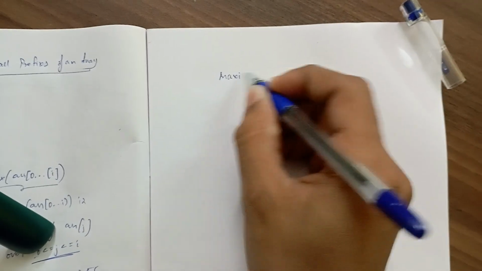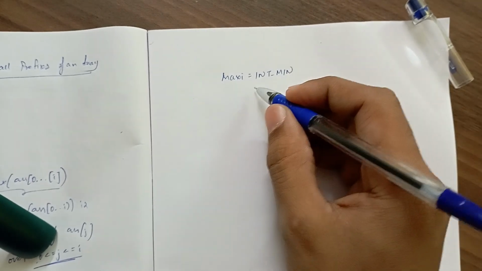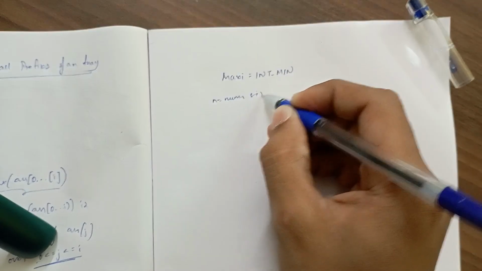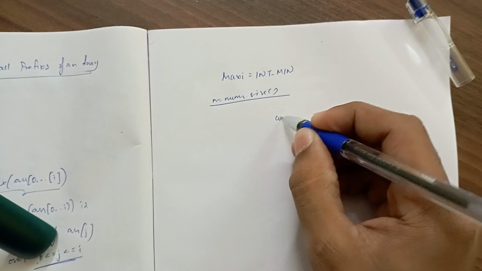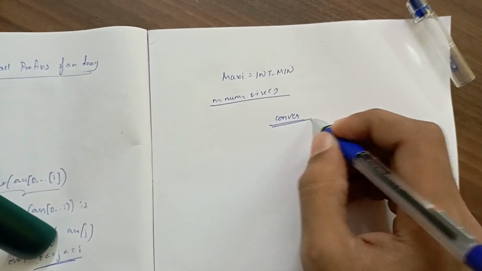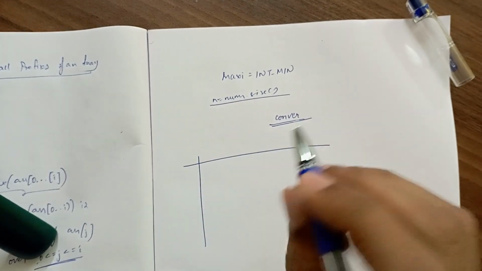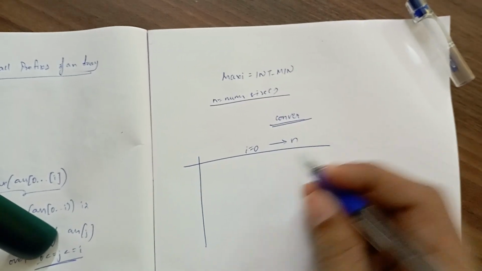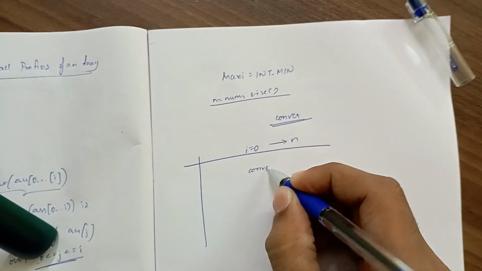initialize maxi, I am initializing it as integer minimum element, and n is equal to nums dot size, which is the size of the given array, and then we are creating the convert array, and then we need to run a loop, iterating from I is equal to 0 to n, and we are creating a temporary convert element.